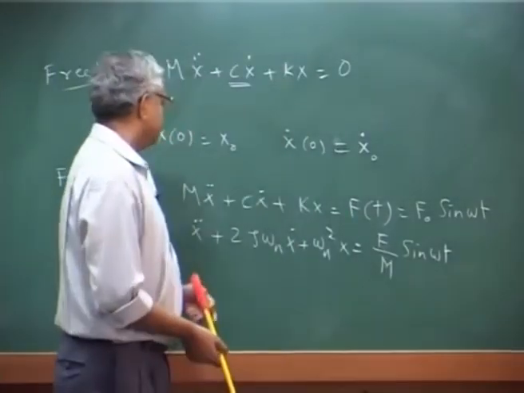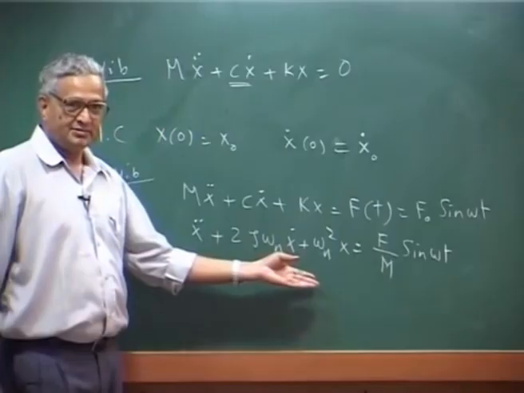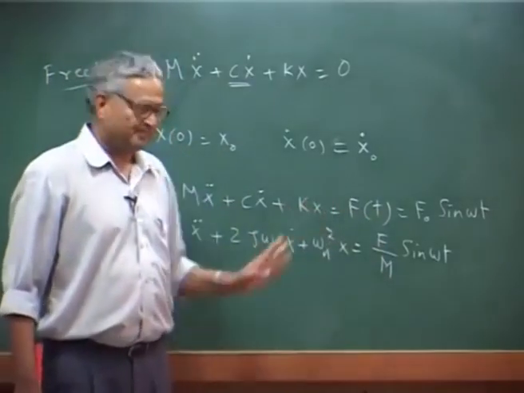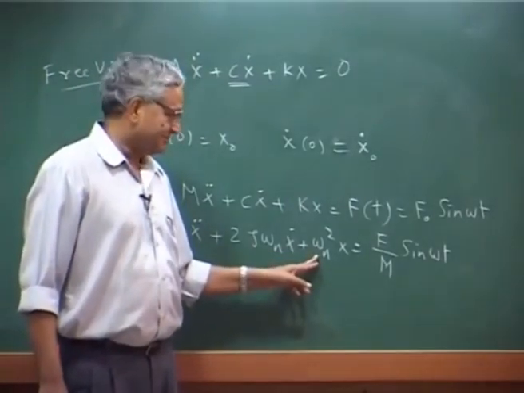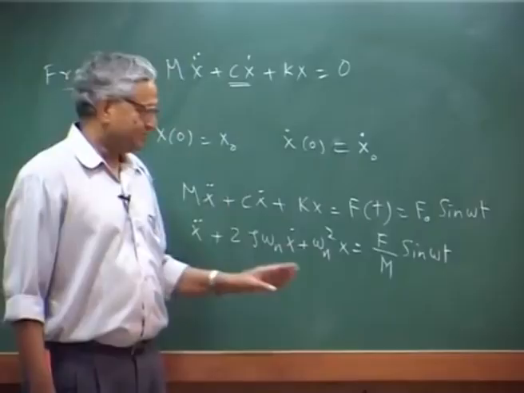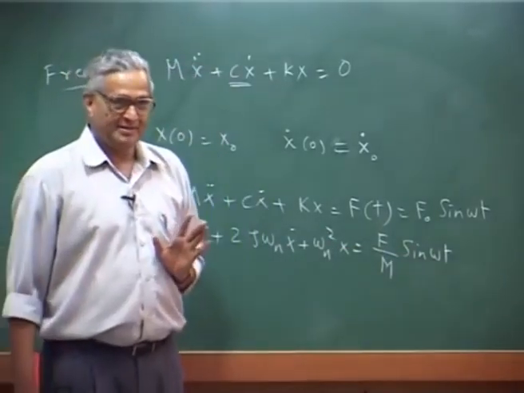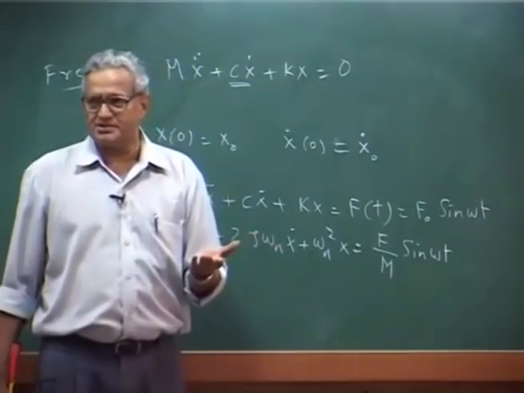You can do it like this, and you may call this f naught. This frequency is the natural frequency of the system, root of k over m. This is the input frequency. If these two are equal, that is what you call resonance.